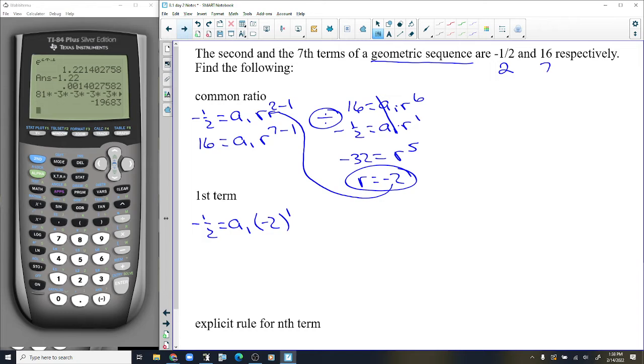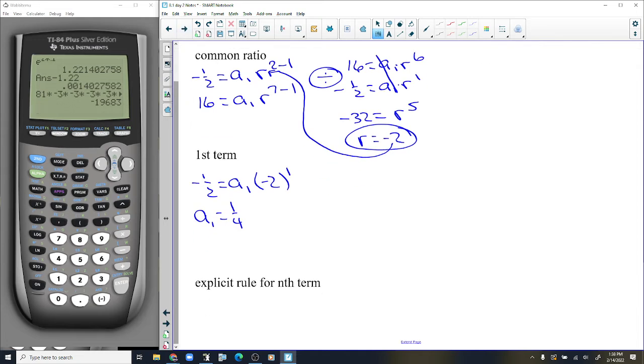When I divide by negative 2, a sub 1 is 1/4. So the explicit rule is a sub n equals 1/4 times negative 2 to the n minus 1. I had 1/2 on my mind the whole time.